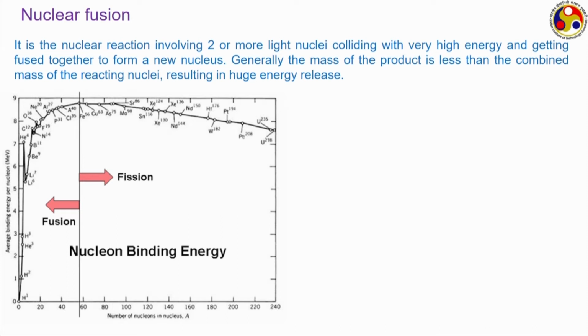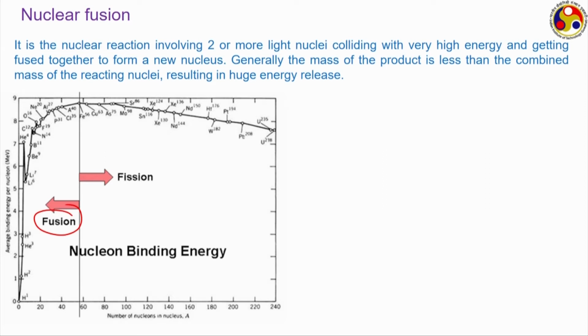But when we are talking about fusion, we are on this side of the curve, where the mass number is very low, and therefore it is not possible for the nucleus to get broken into even lighter components, because if it gets separated into lighter components, its mass number will decrease even further, thereby taking it further away from that zone of largest binding energy per nucleon.